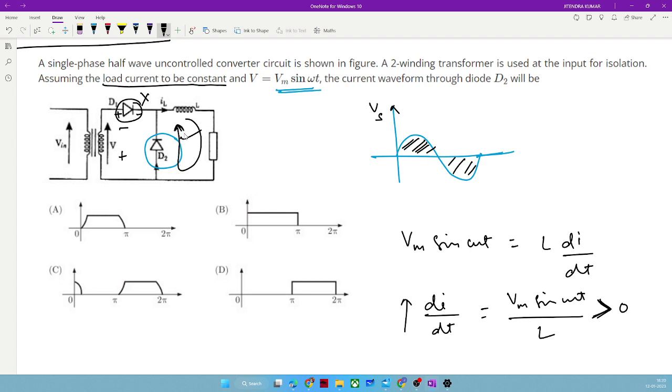Okay. And whatever the time constant of this circuit will be, at that rate it will discharge its energy, and hence D2 will definitely conduct at least for another pi period, from pi to 2 pi. So this was the reason to frame this kind of problem.